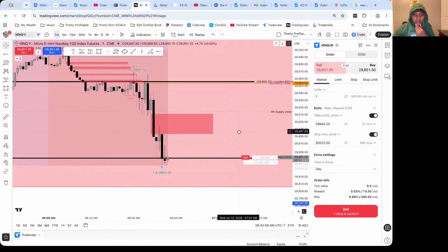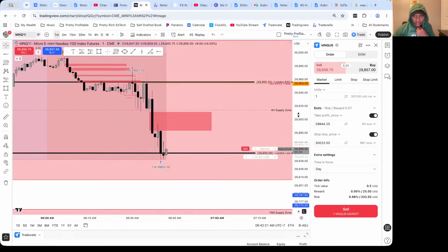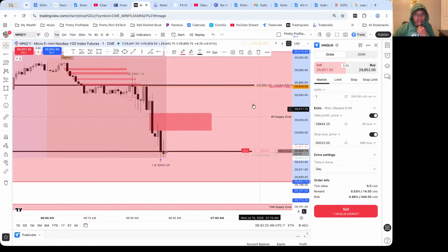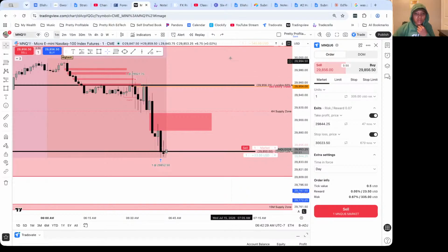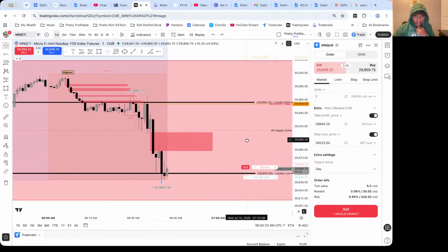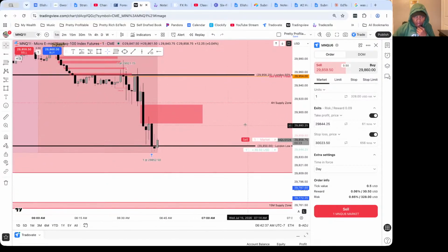So here. No rejection candle yet. When it touches again, we get a rejection candle off this.